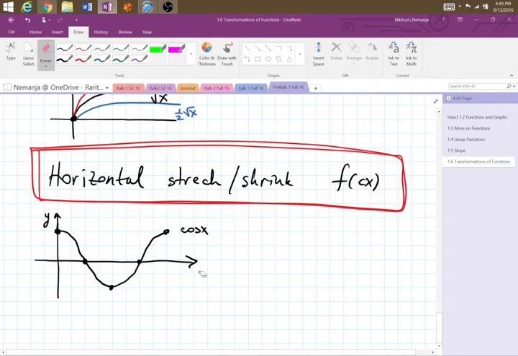And now what I'm going to do is I'm going to make the cosine x stretch. And what I'm going to do now is I'm going to move this point here, this point here, here, I think it's here.